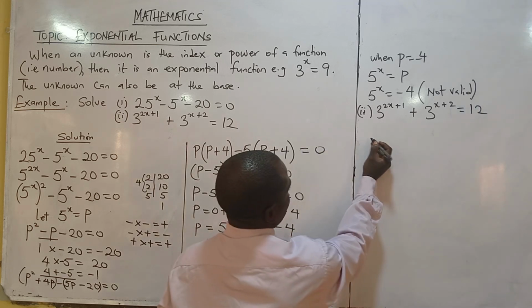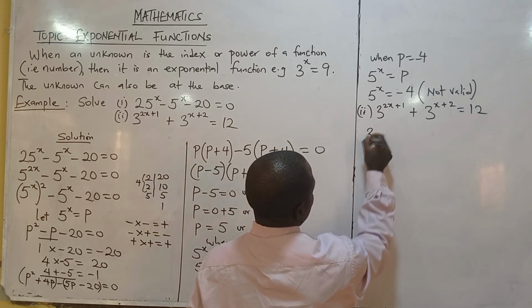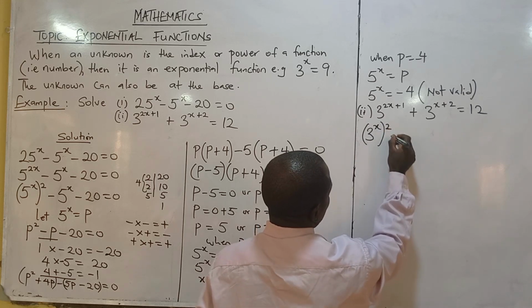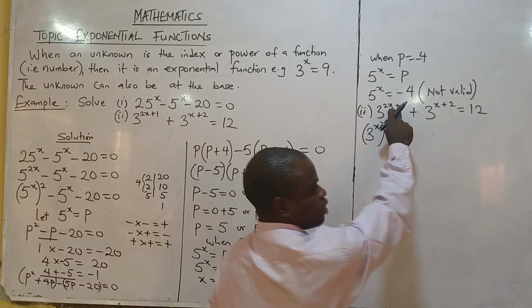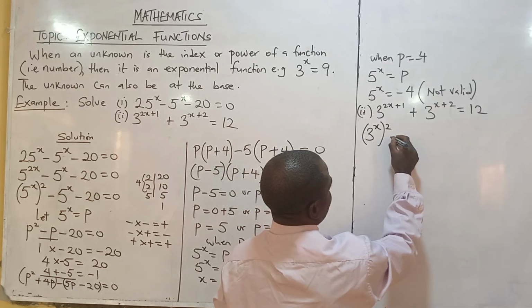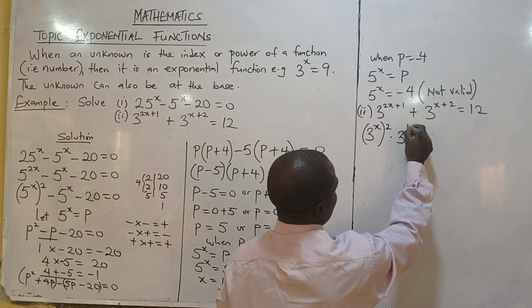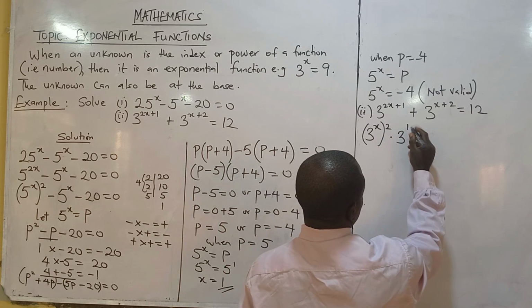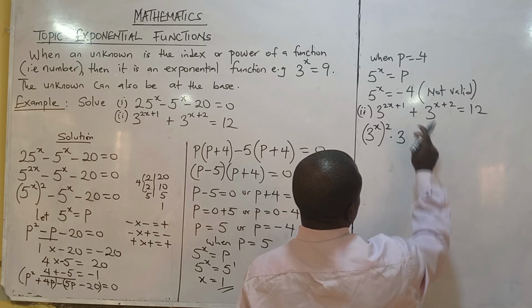Now what we do is that it's the same thing as (3 raised to power x) squared multiplied by 3 raised to power 1. And 3 raised to power 1 is 3. You can leave it like that.